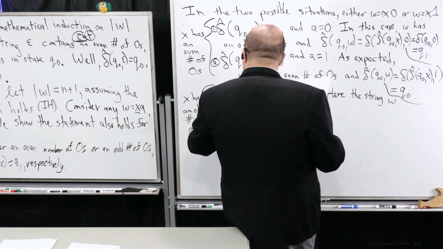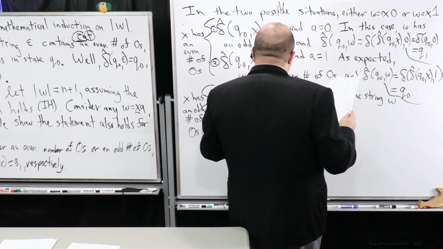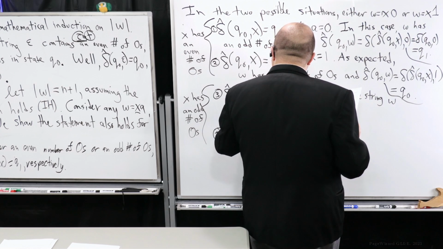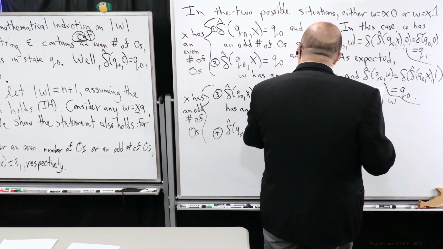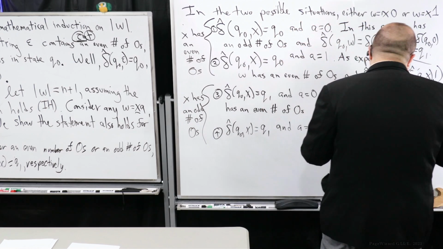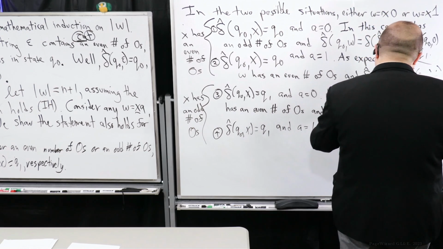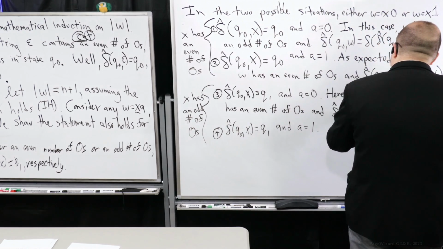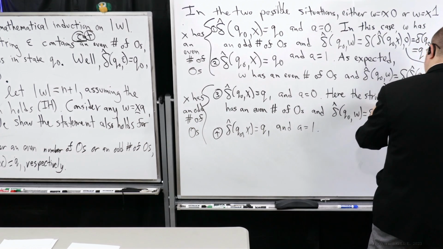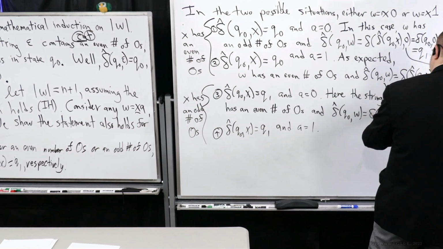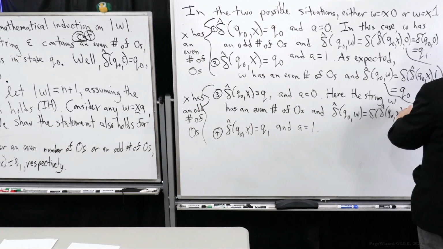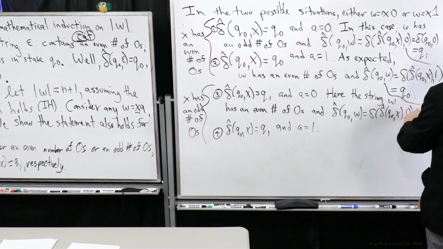So here the string W has an even number of zeros, and delta hat of Q0W is equal to delta of delta hat of Q0X upon reading, well, in our case, A is 0.